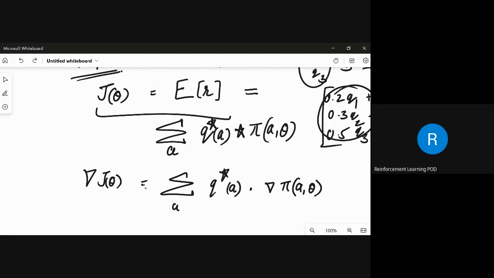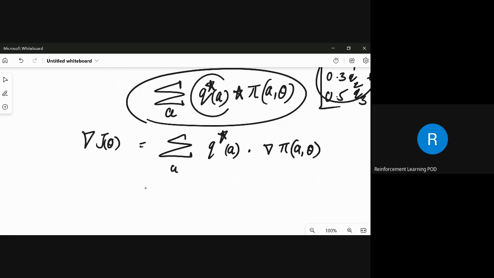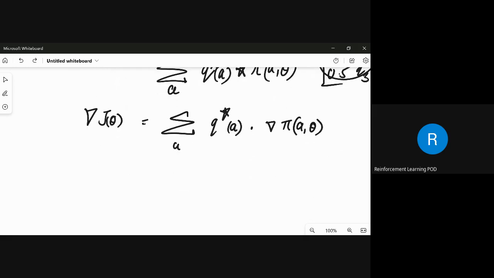So if I don't have the q stars, then what I do is compute J theta with a number of samples. Let's say I have n samples, R_i, i equal to 1 to n.